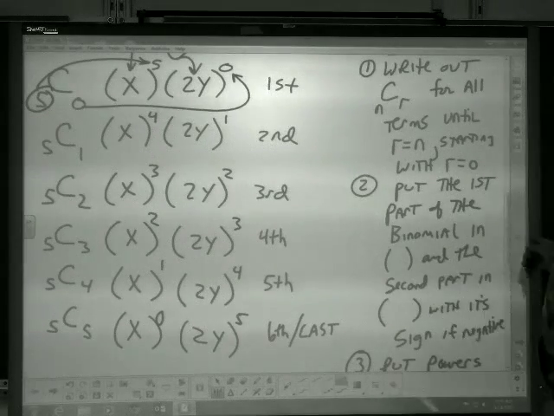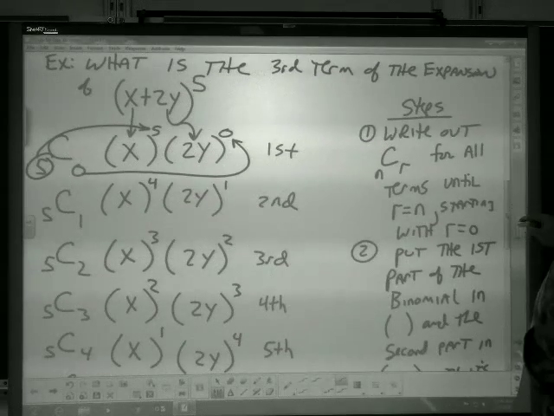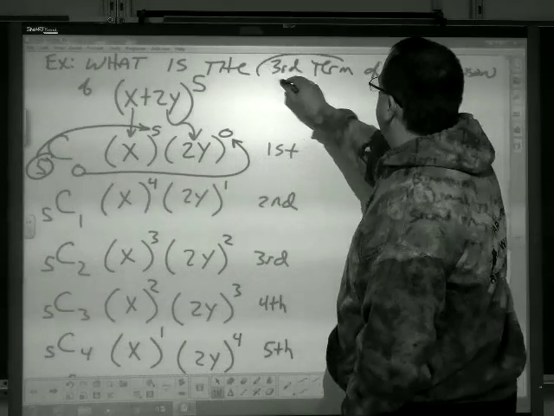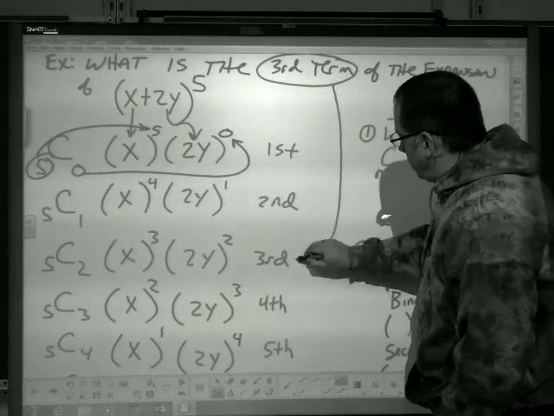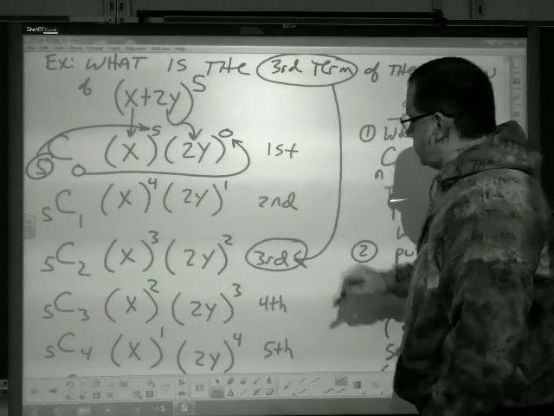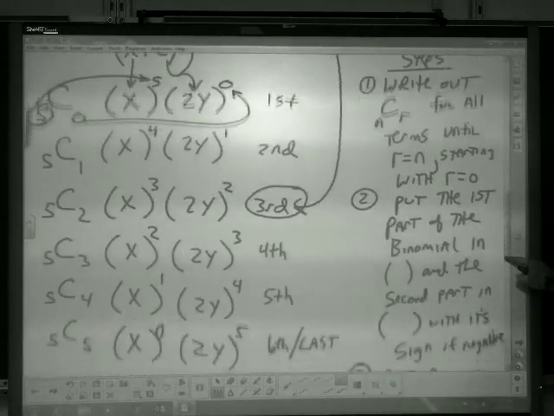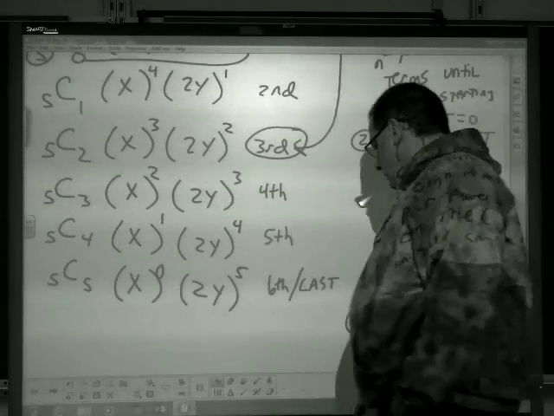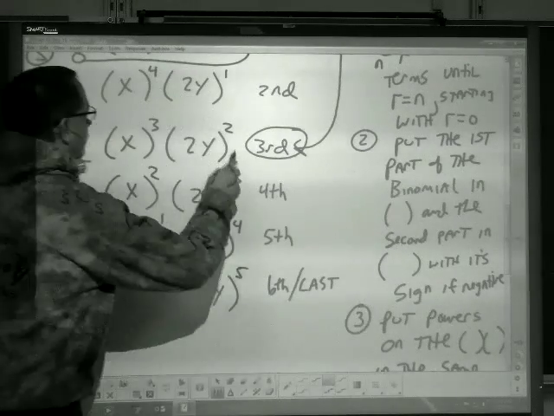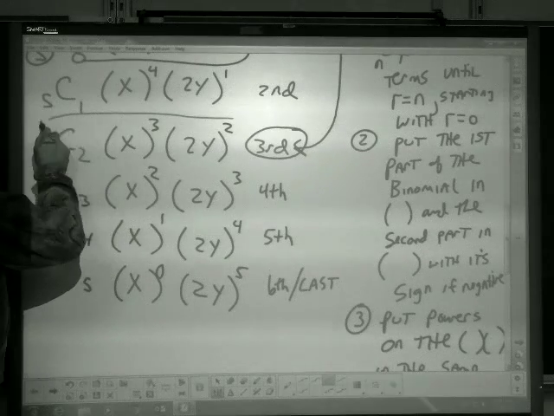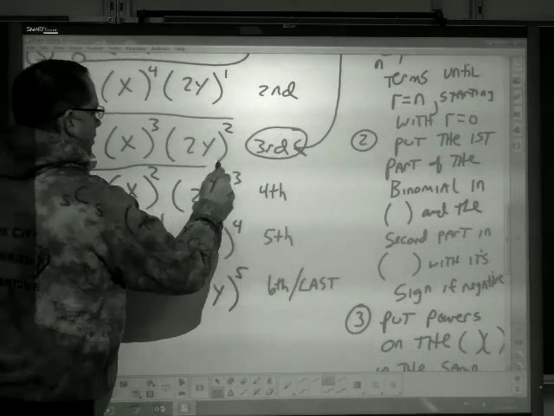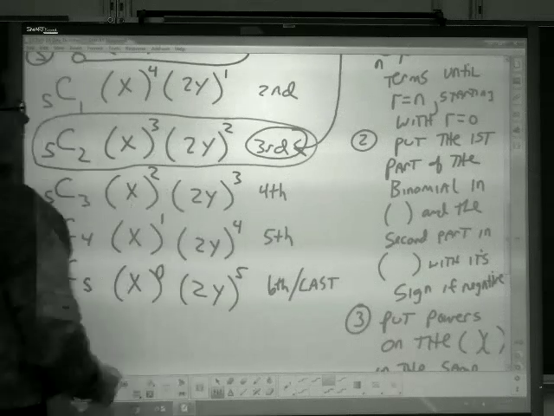All right? So now it says, what is the third term? So I need to go down and pick the third term. The only thing that I am worried about is right here. This is the third term.